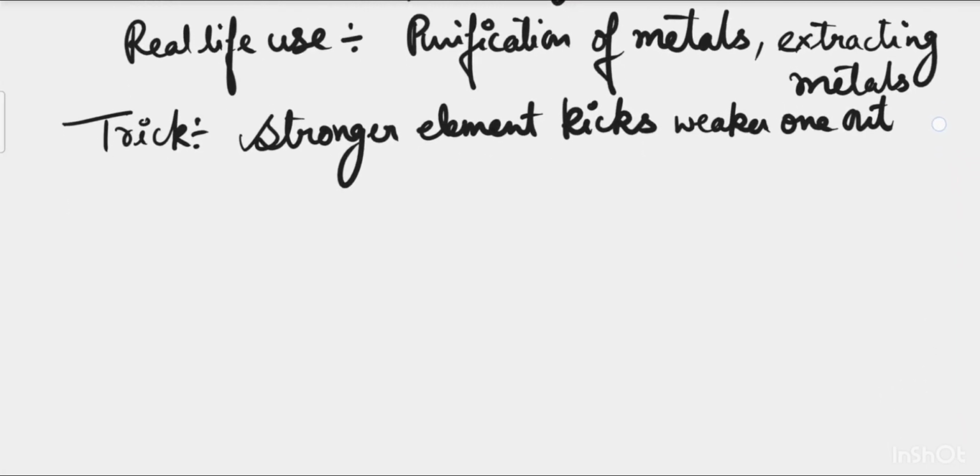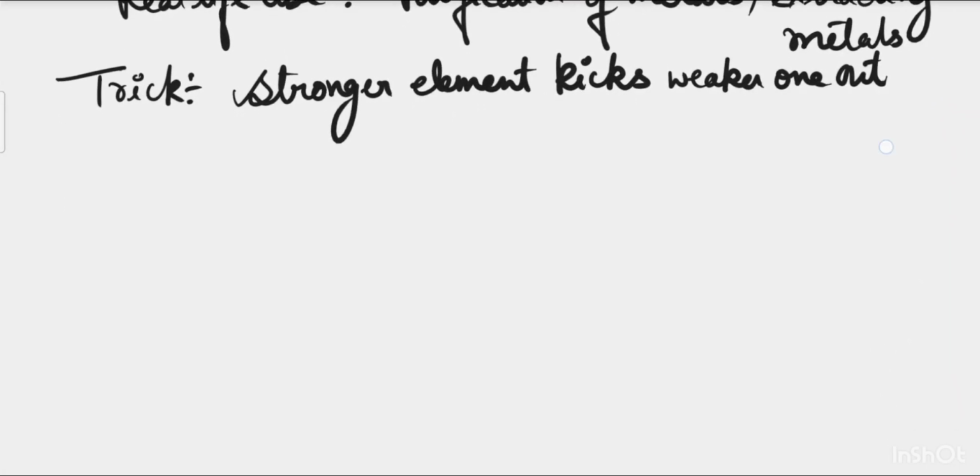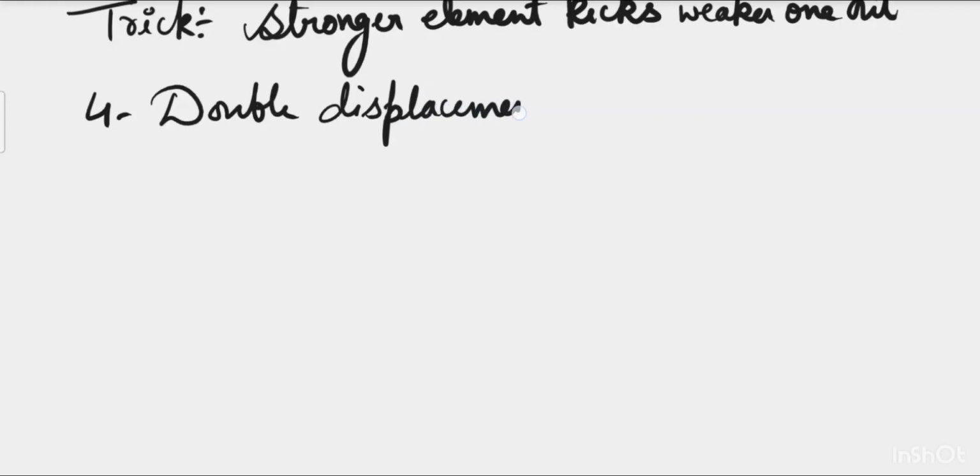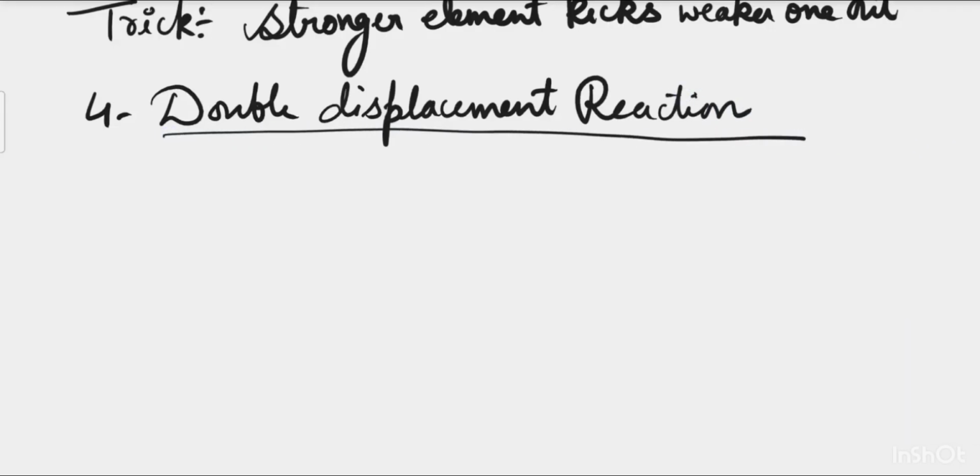So after this we come to number 4, double displacement reaction. What is the definition of double displacement reaction?